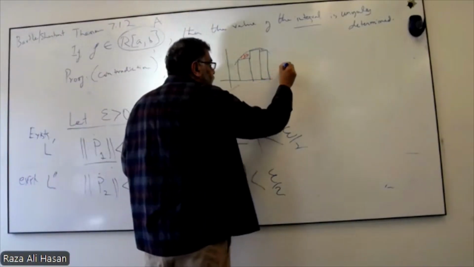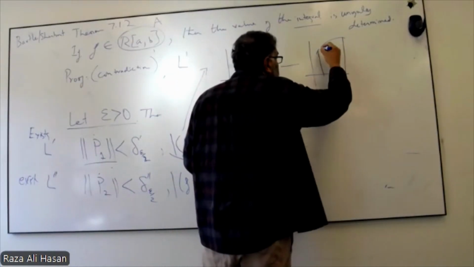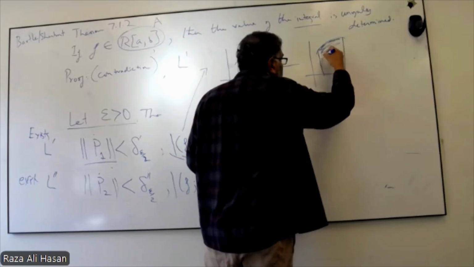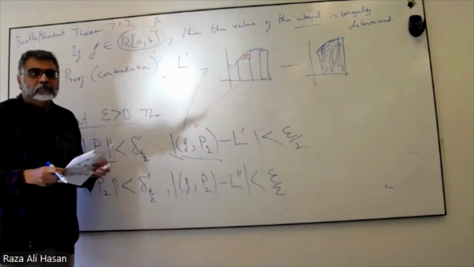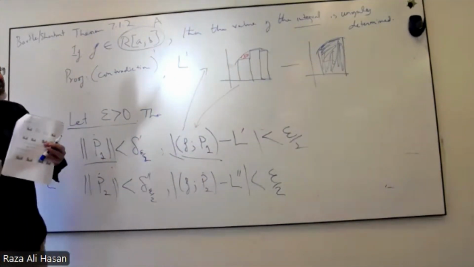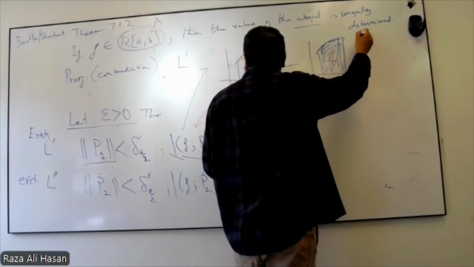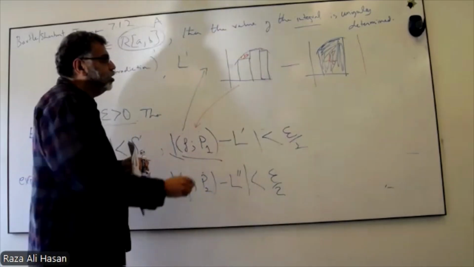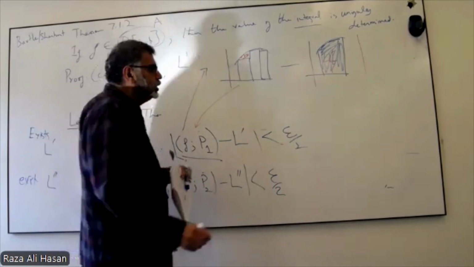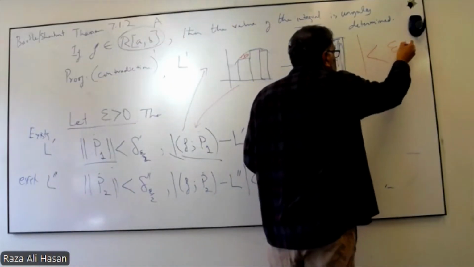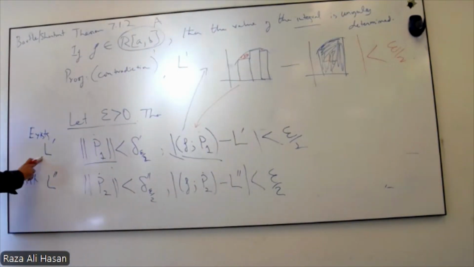I'm going to put minus here. And L prime is all the area, the exact actual value. If we take the difference of the approximate area and the exact area under the curve, that should be less than epsilon divided by 2. Okay, so that's L1.